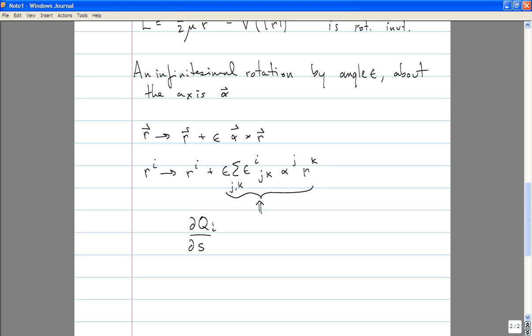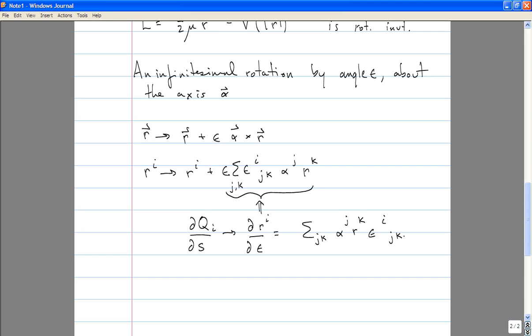So here qi would be the three components ri, where i runs from 1 up to 3, and s would be the parameter epsilon. So dqi by ds would be dri by d epsilon, which is the sum over j and k, alpha j rk, epsilon ijk.